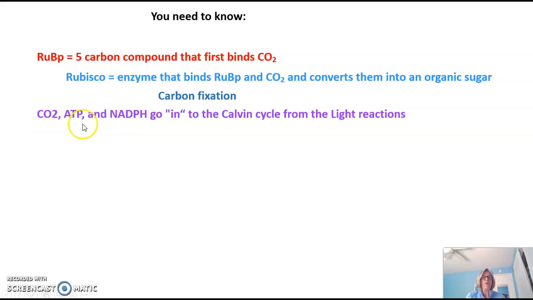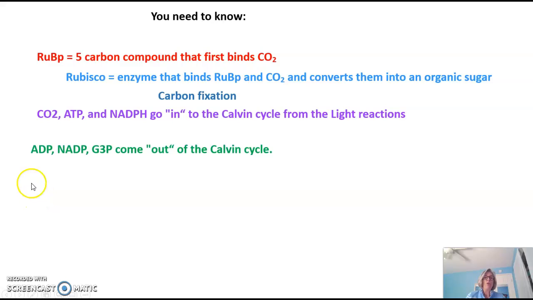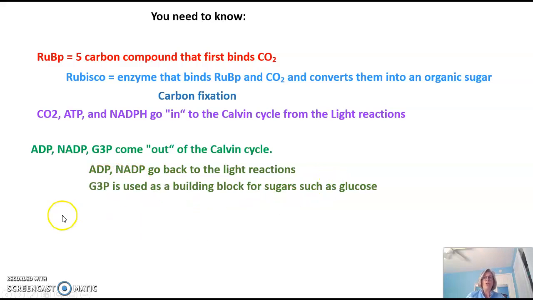You should know that CO2, ATP, and NADPH go into the Calvin cycle, or light-independent reactions, and that those come from the light reactions. You should know that ADP, NADP, and G3P come out of the Calvin cycle. Then ADP and NADP go back to the light reactions to pick up either a phosphate or more electrons. You should know that G3P is used as a building block for sugars, such as glucose.